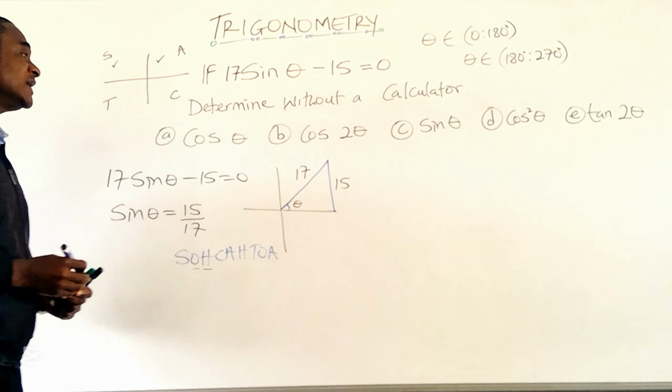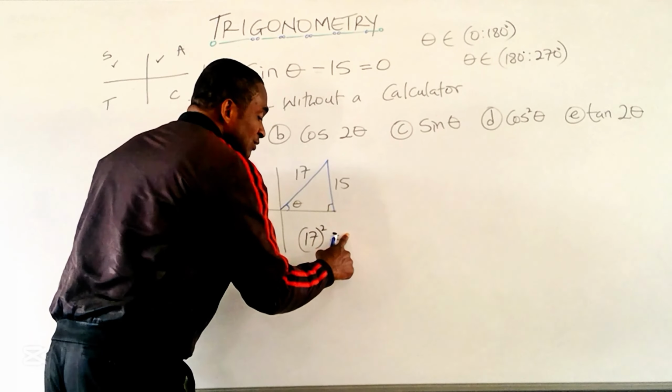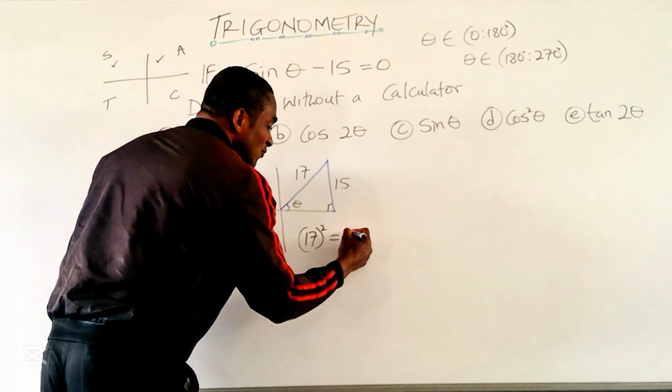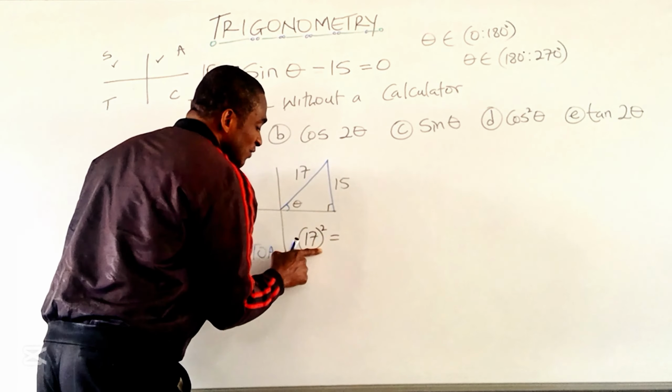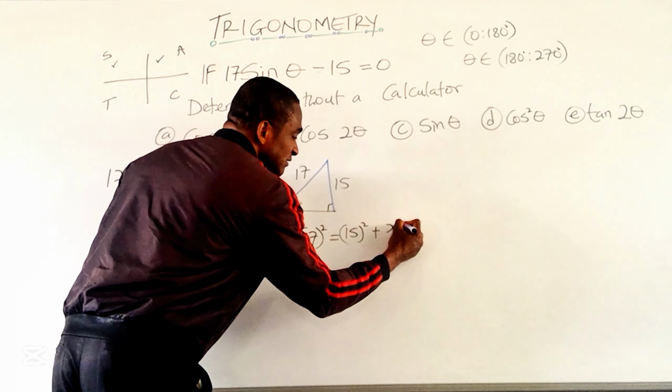Now, what do we use? We use Pythagoras. Pythagoras says that the square of the hypotenuse is equal to the sum of the squares of the opposite and the adjacent.